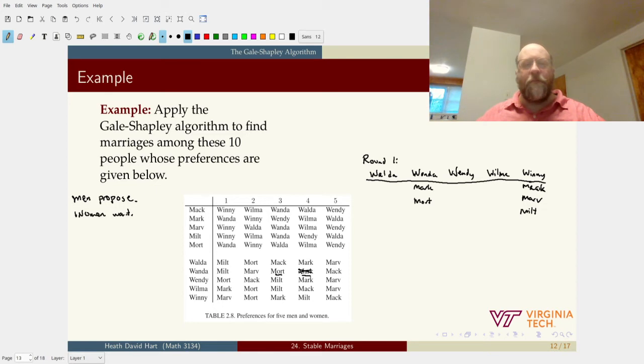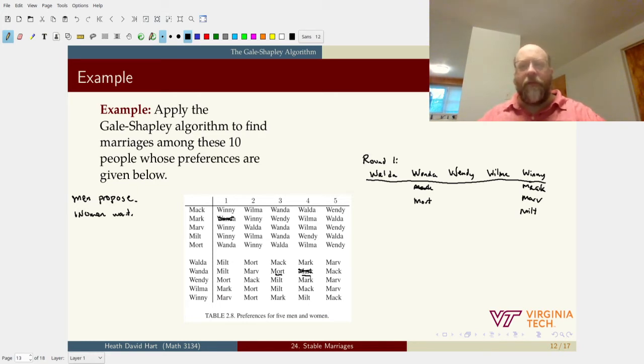So that crosses Mark off of this row, and it crosses Wanda off of this row because Wanda has said no to Mark. And right now she's just saying maybe to Mort because she's hoping that one of these other two people, Marv or Milt, will come and propose to her later. But in round one, she says no to Mark.